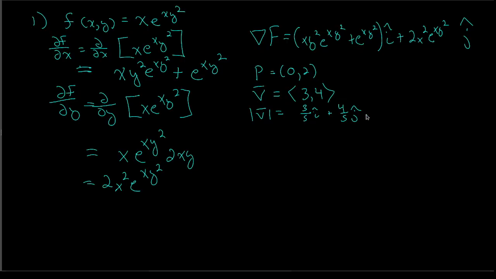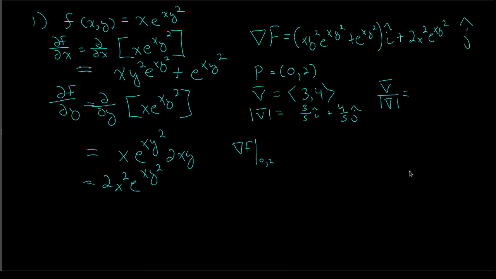And so our directional derivative then is going to be the dot product of our gradient vector evaluated at the point (0, 2), dotted with the v vector over the v magnitude.